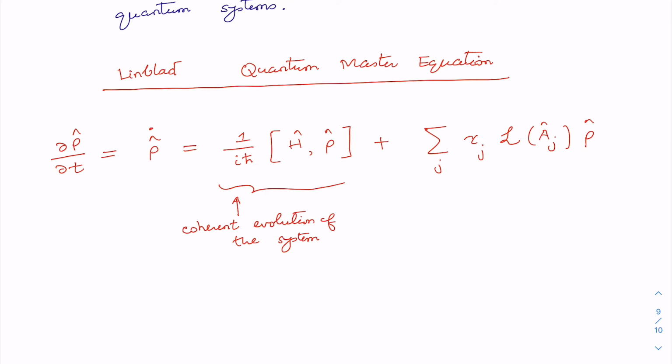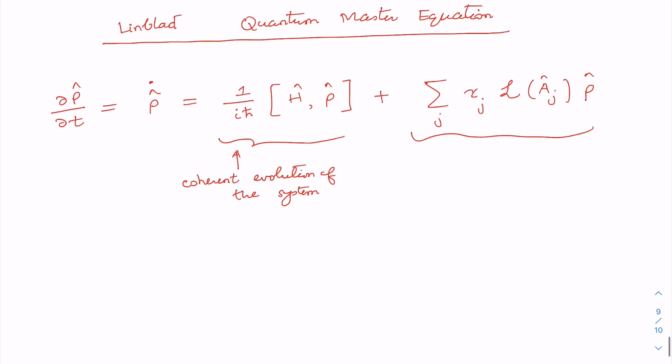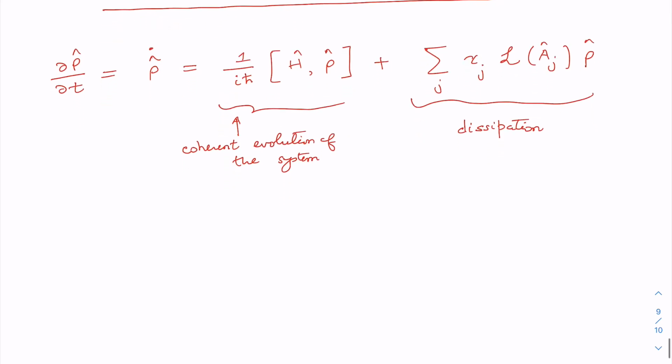And this second part takes dissipation into account, because gamma are the dissipation rates, or the decay rates, which I am going to discuss very soon. This refers to the dissipating part of the equation.